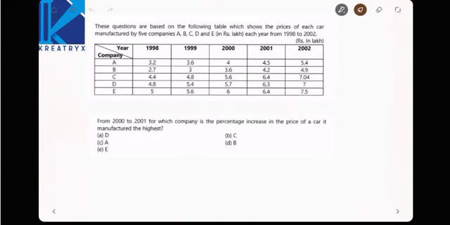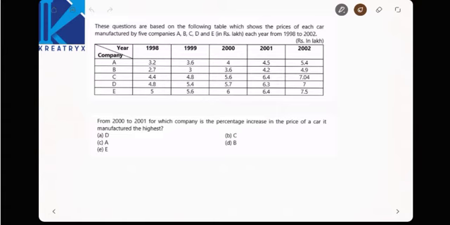Now this is a tabular chart where the information is given. You have to find out the information and find out the answers. Now observe the questions. These questions are based on the following table, which shows the price of each car manufactured by companies A, B, C, D, E in rupee lakhs.